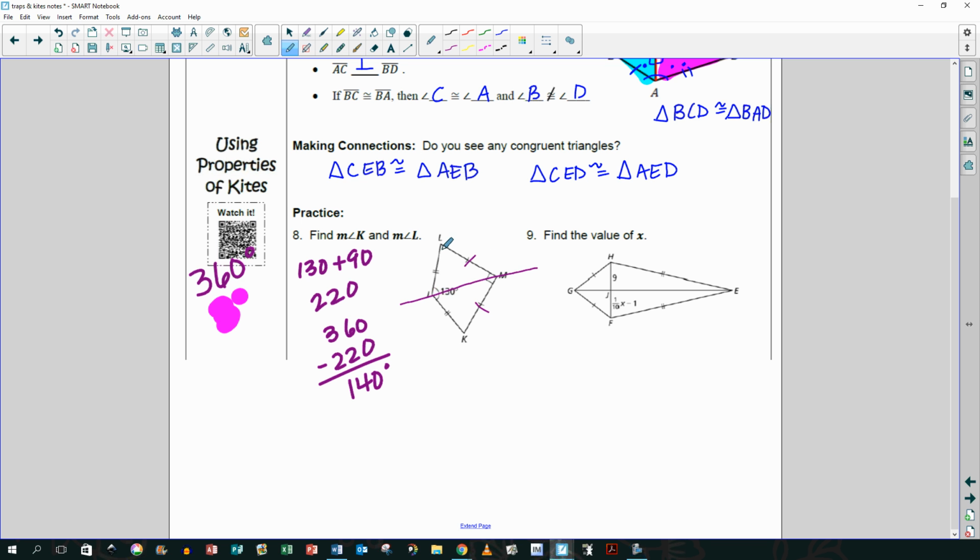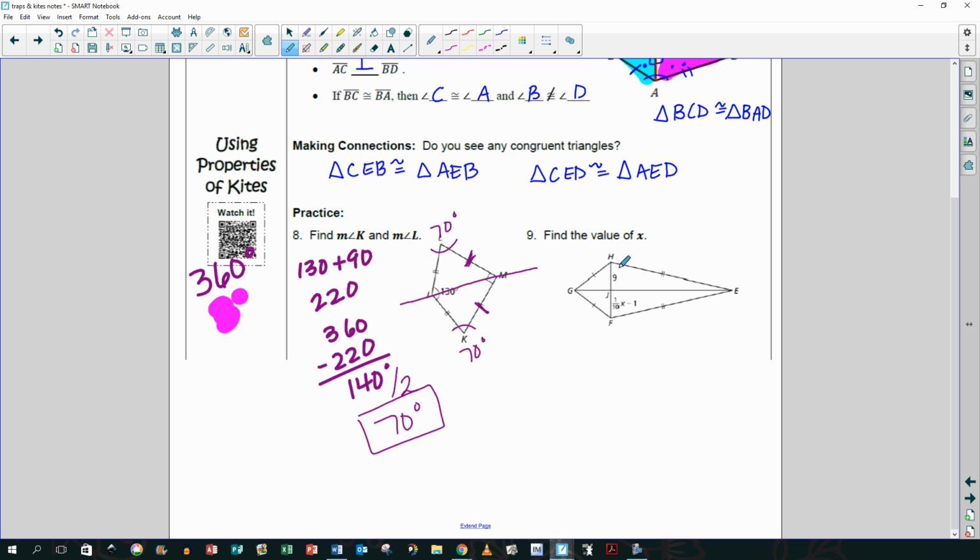That's the line of symmetry. So therefore this angle is congruent to this one. So if you divide by 2, you get that each angle is 70 degrees. So once you determine which two sides are congruent, then the line of symmetry will go between them. Does that make sense? Yes.